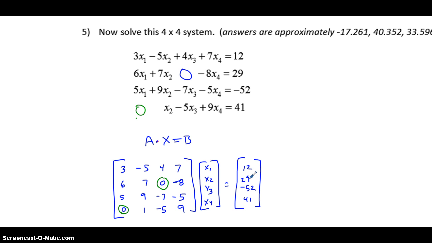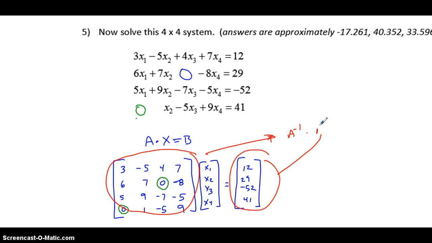But then to solve this, you're just going to take the inverse of this, which is A. So take the inverse of that times this matrix here, b.